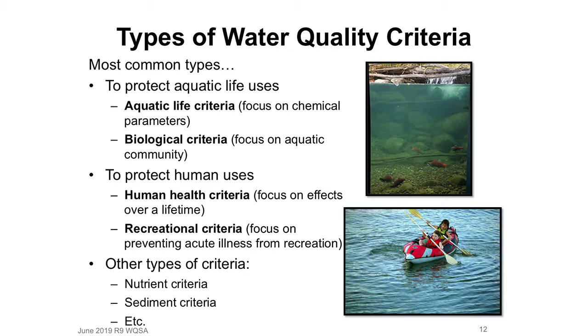Sweet. That was easy. Is there another one anyone can think of? Yeah, like cyanotoxins, microcystin and cylindrospermopsin, right? So we just put out one. And then other types of criteria are things like nutrient criteria or sediment criteria. The state board just established sediment quality objectives, which are approved as criteria.